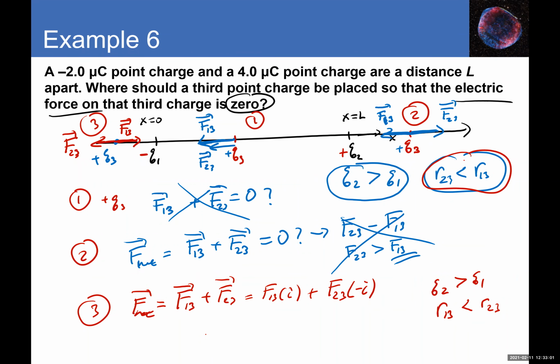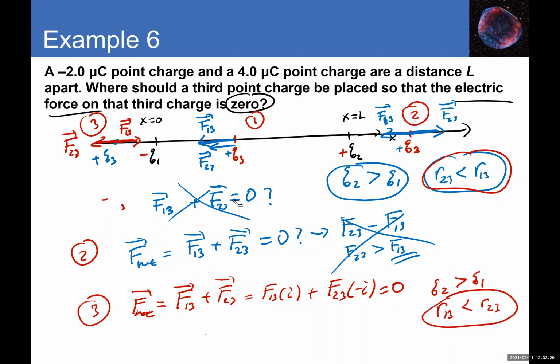Now R1, 3 is smaller than R2, 3, which allows F1, 3 at some point to match the value of F2, 3 and to get 0. That means this is where we can actually have this region, where the forces can be the same magnitude, opposite direction, so that you can cancel them.